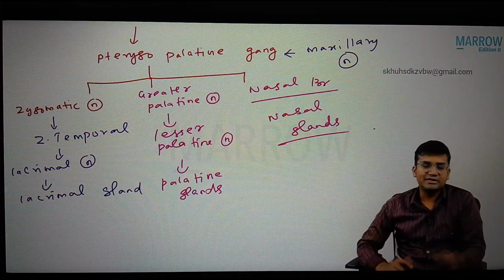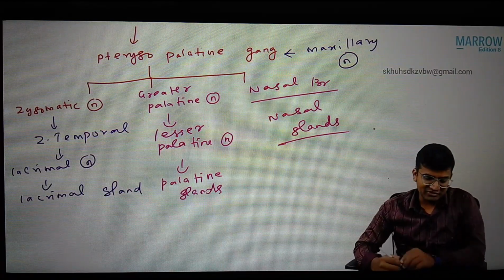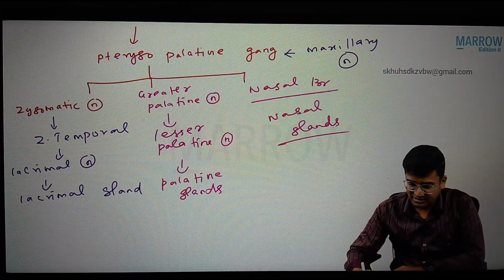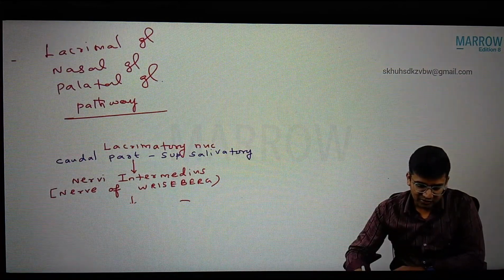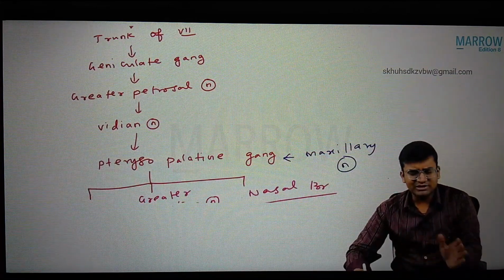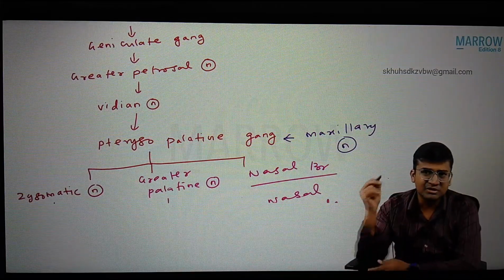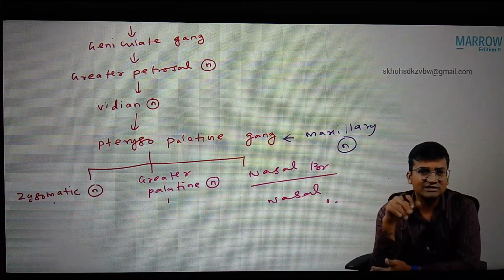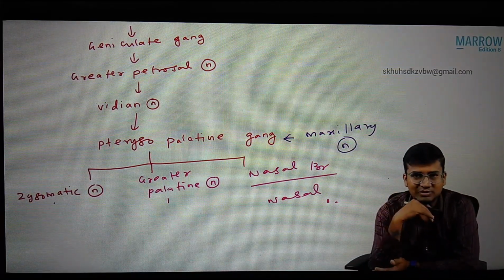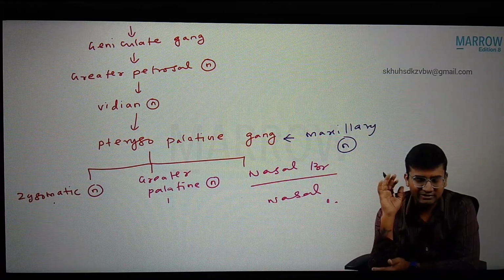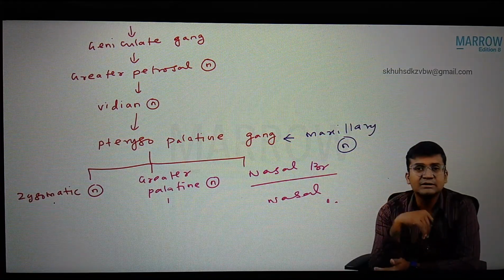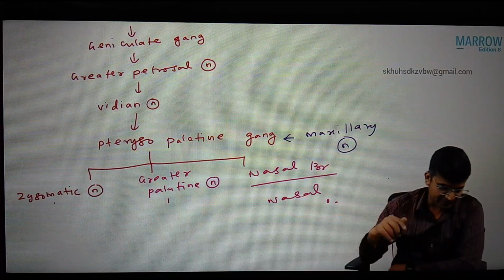This is the parasympathetic pathway for this ganglion. So that's all about the pterygopalatine ganglion. Don't worry about these nerve branches. While discussing the facial nerve, you'll get a clearer idea about the pathway, the nerves and structures involved. Just remember this. We'll discuss the same structures in the facial nerve topic.